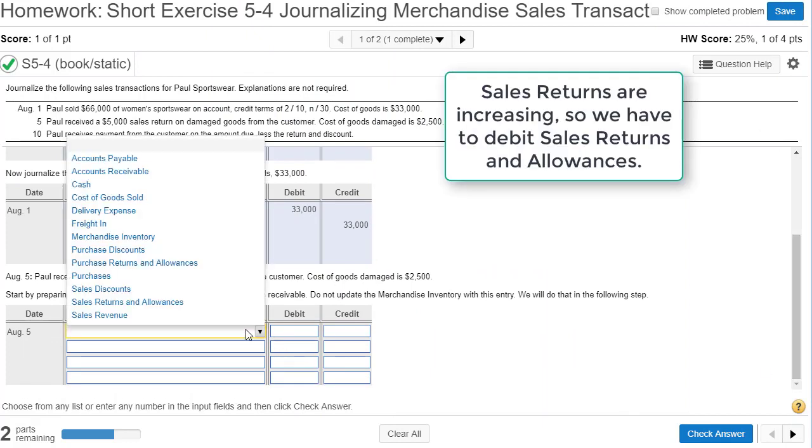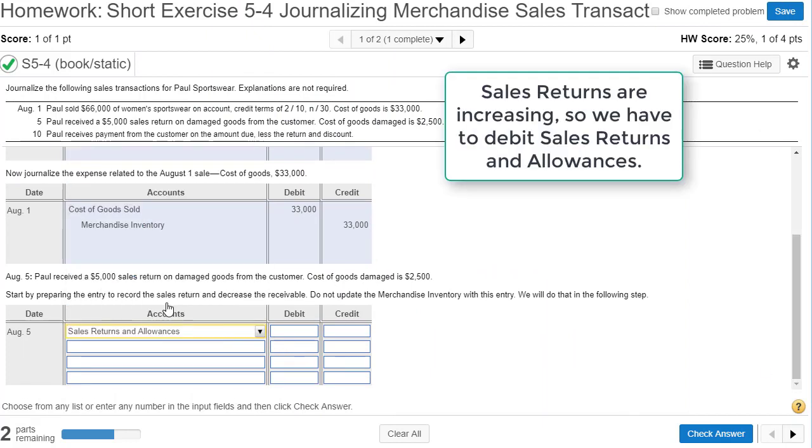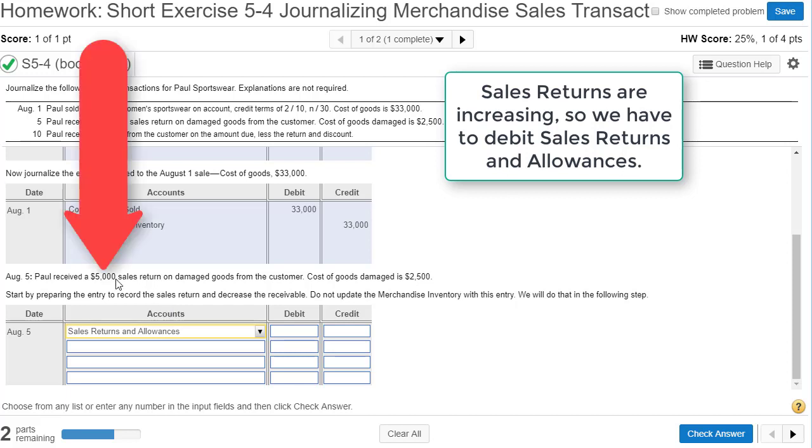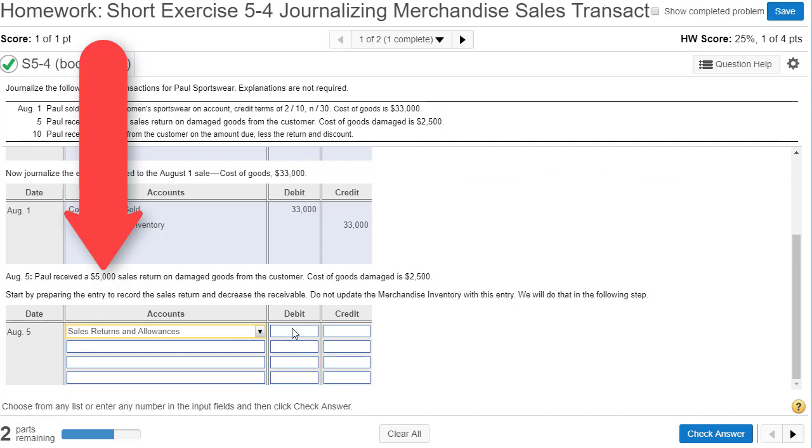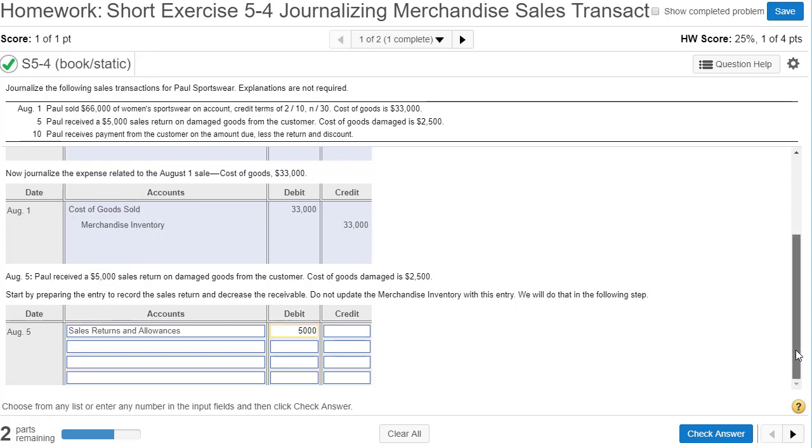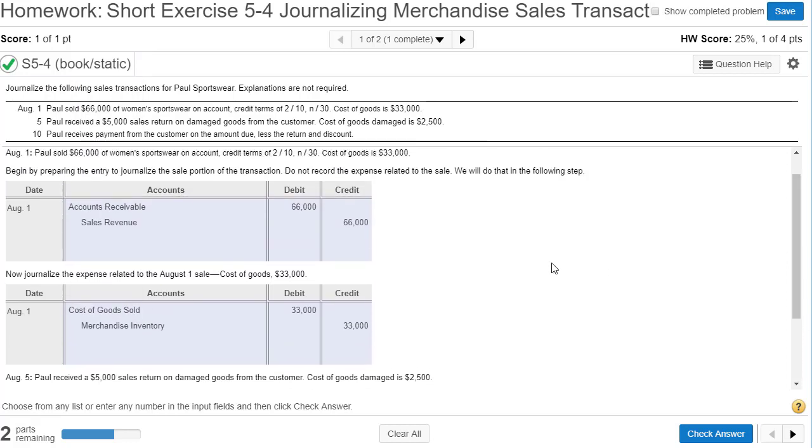And so we know we're going to have to debit Sales Returns and Allowances. Now, how much were we going to charge them for what they return? $5,000. So let's go back up here to the original sale. When we have a return, we're just going to reverse these two transactions.